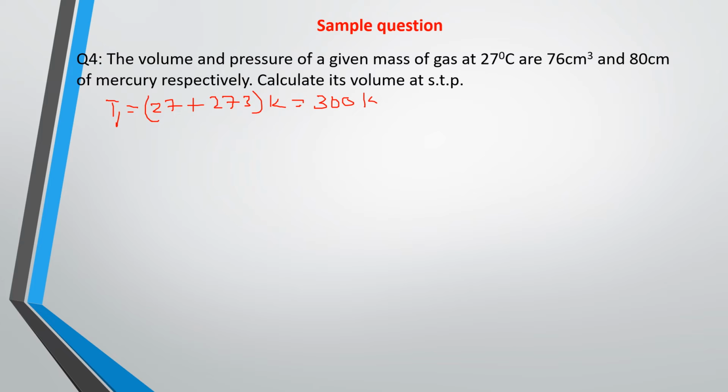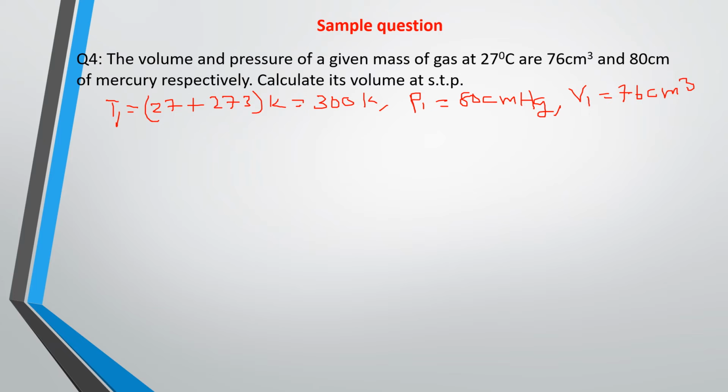Okay, so this is your T1, 300 Kelvin. P1 is given to you to be 80 centimeter of mercury, and then V1 is given to you to be equal to 76 centimeter cube.